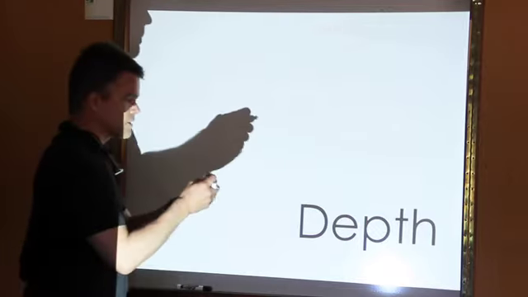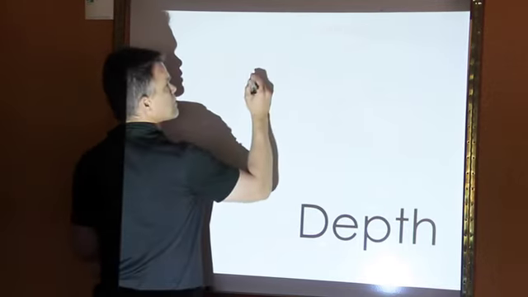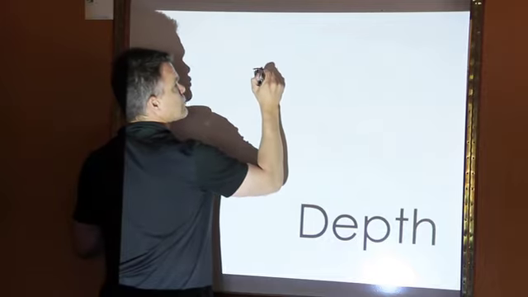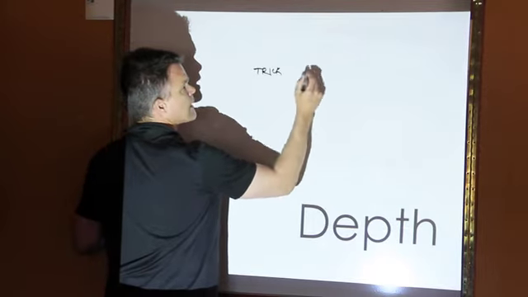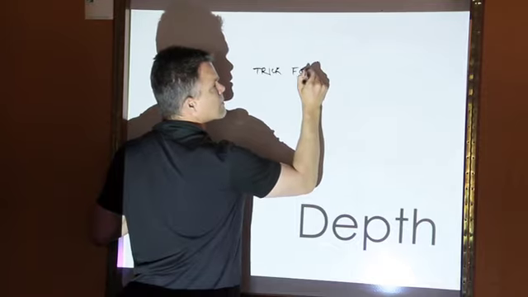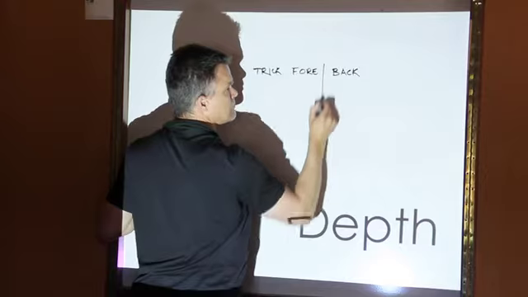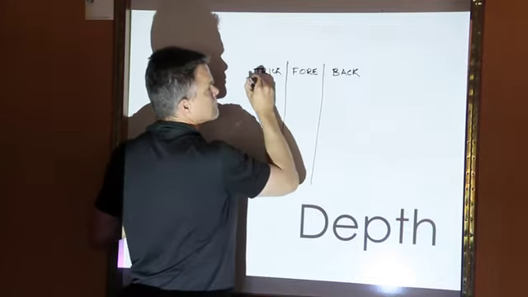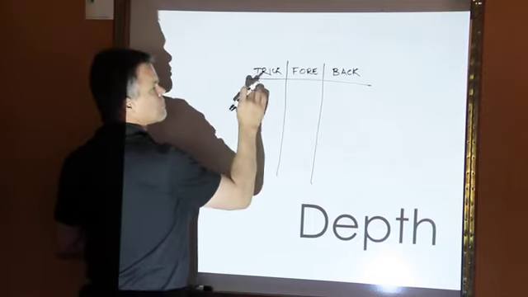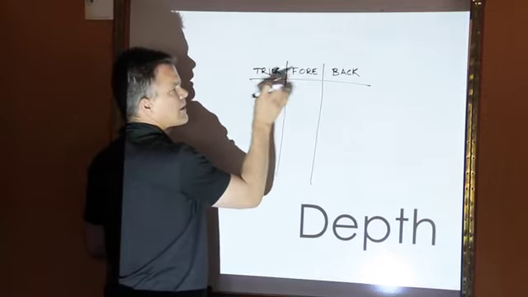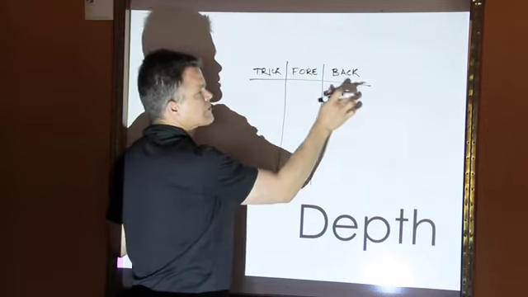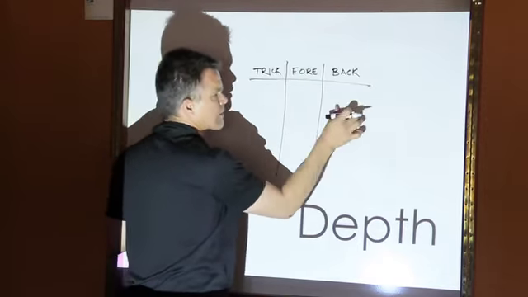Here's the way the chart's going to look. We're going to have the trick, or the technique, then foreground and background. We'll put in the name of the thing, show what it's like in the foreground versus the background.